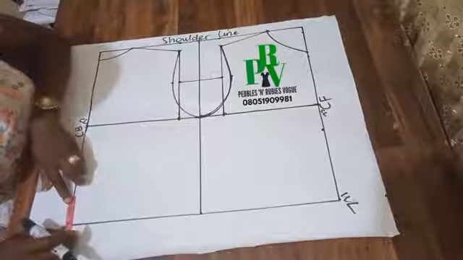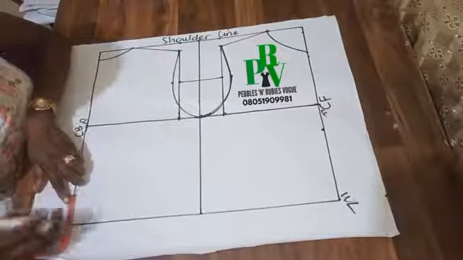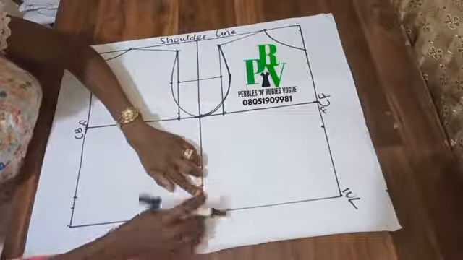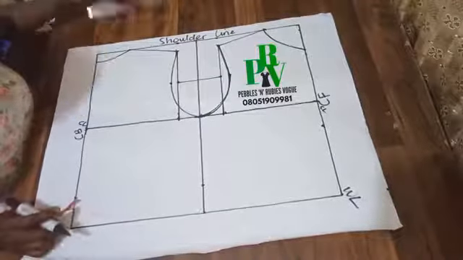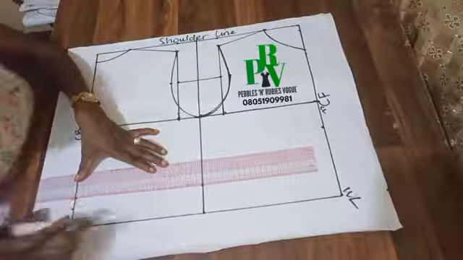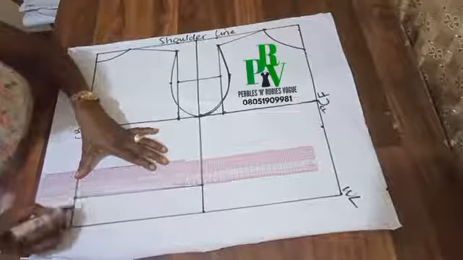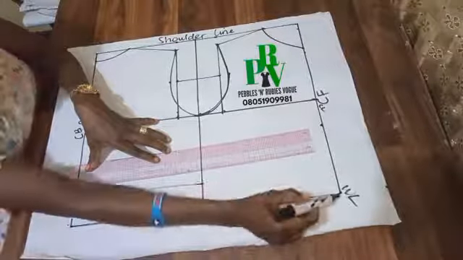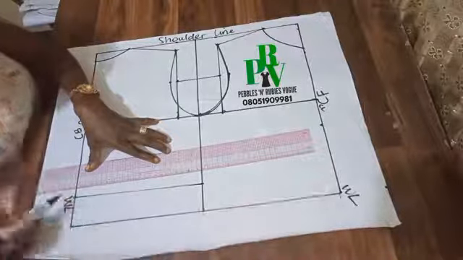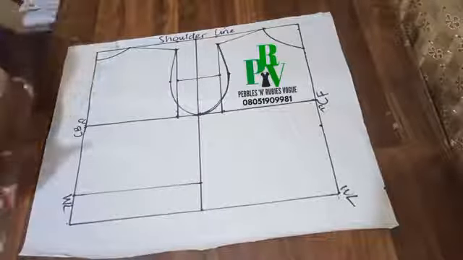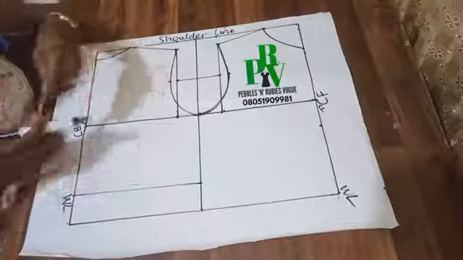So I'll come up by 2 inches on the back block. So this represents our waistline for the back block. While for the front block, this is our waistline. For the back, this is our waistline. Okay, let's move ahead. So that's our vertical measurement.